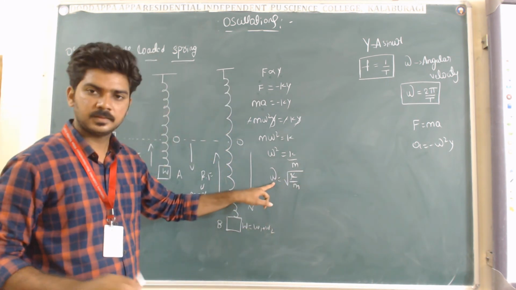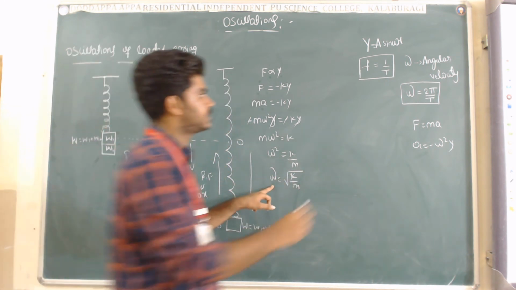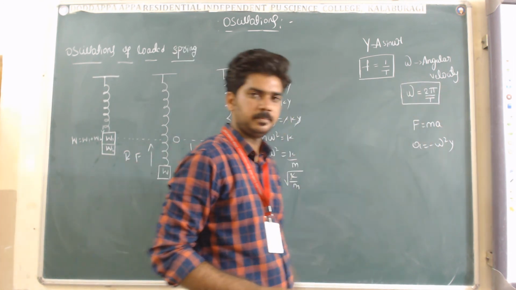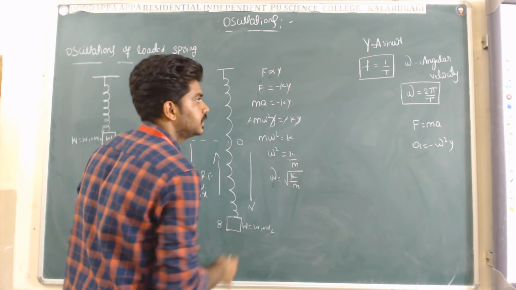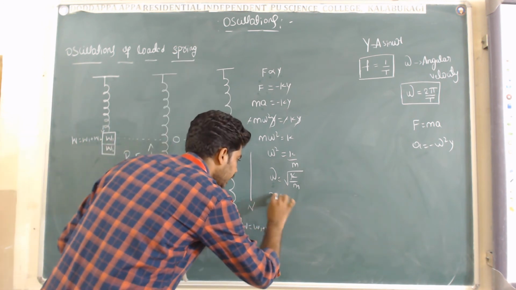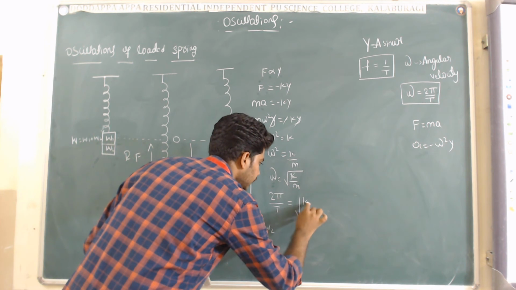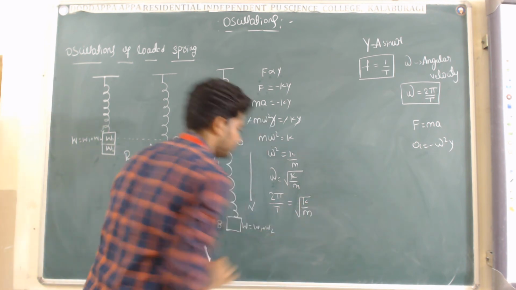What is omega? Angular velocity, and its value is 2 pi by T. T is what? Time period. So omega, 2 pi divided by T, equals under root k divided by m.